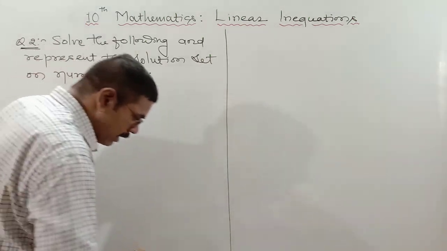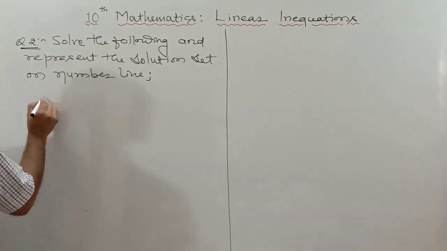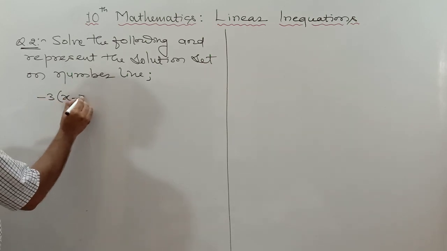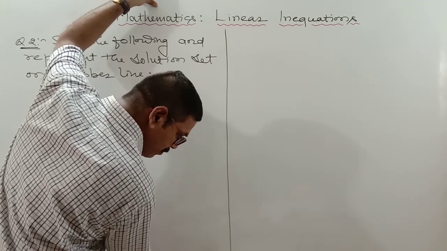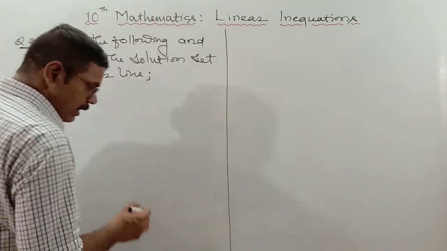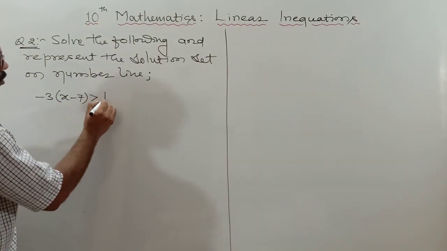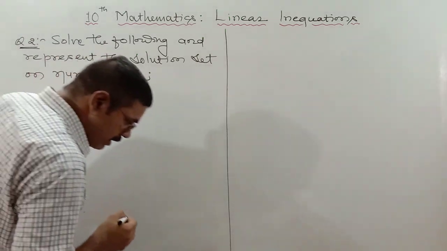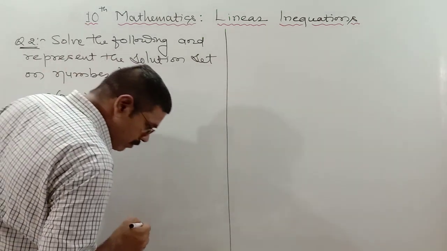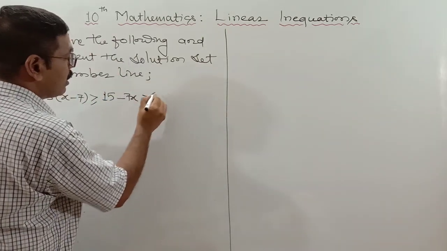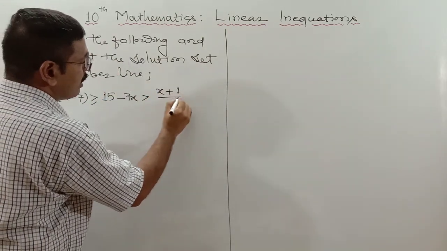What is that? -3x minus 7 is greater than or equal to 15 minus 7x, which is greater than (x plus 1) by 3.